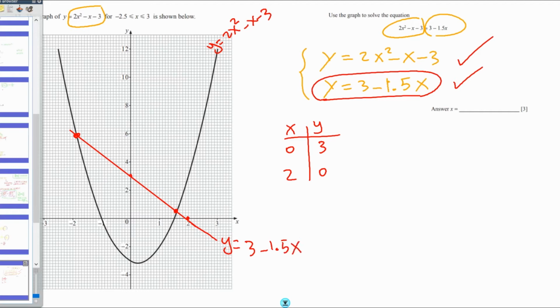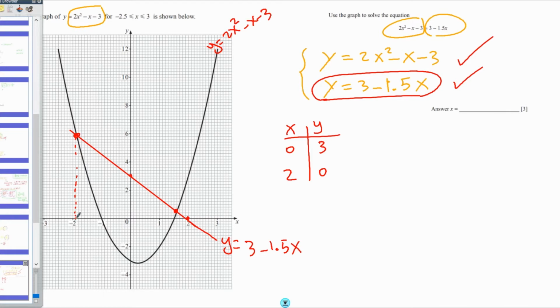Now we can find out the coordinates of those two points. Because it's graphical, we are just going to give approximate values.